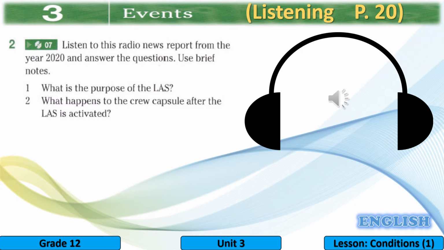6 astronauts escaped death early this morning when their Orion crew capsule detached itself safely from their Ares space rocket. The Ares rocket was launched at 5:05 this morning, but after only a few seconds, it was obvious that something was seriously wrong.